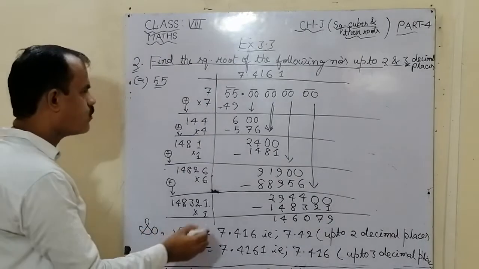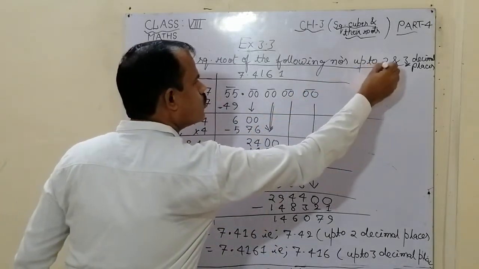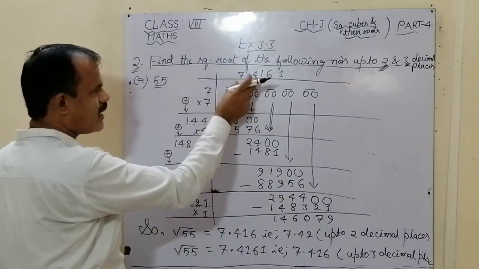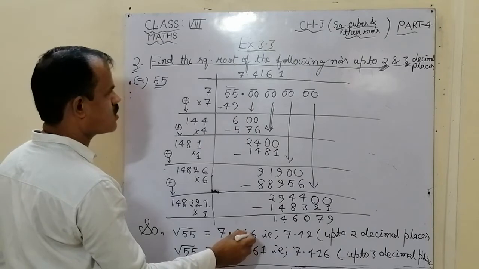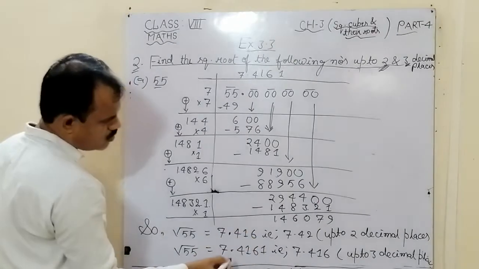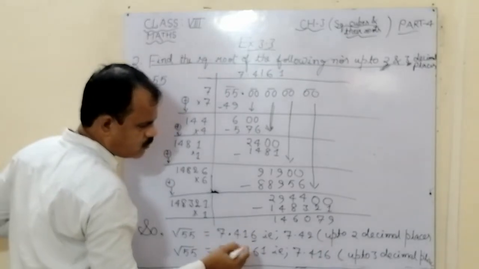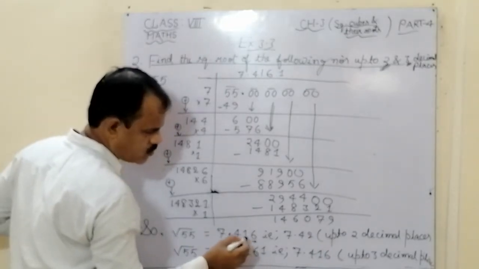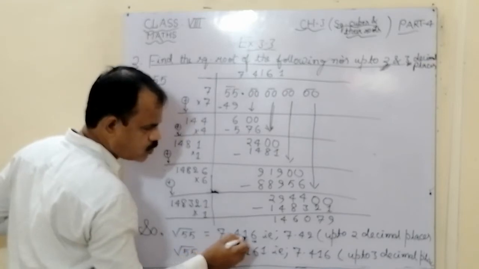So we find out 4 places of decimal. Now for root 55, we have to find 2 places of decimal. So we write here 3 places, 7.416. Okay, students, look here, the third place is more than 5, so we add here 1. So the number becomes 7.42.